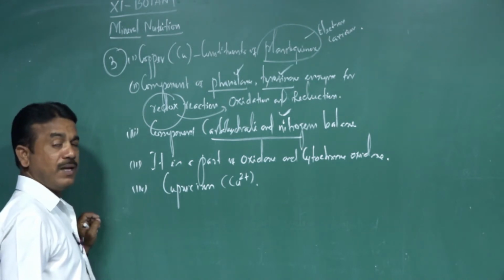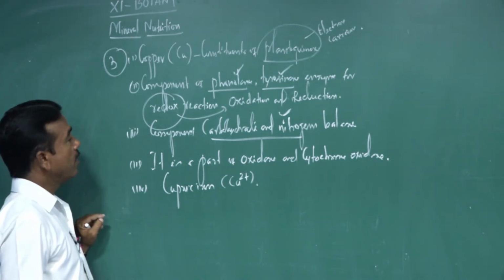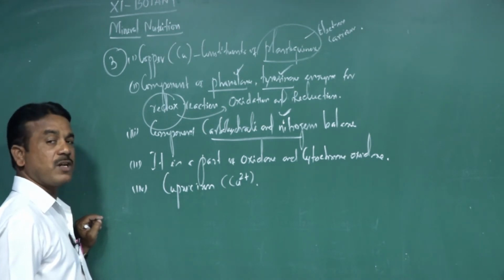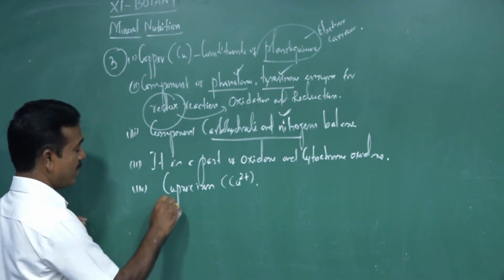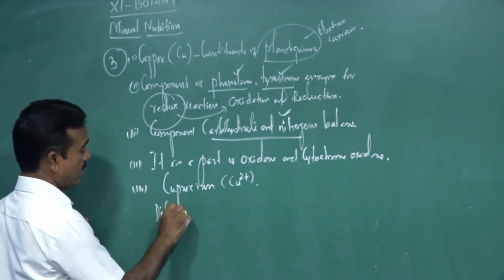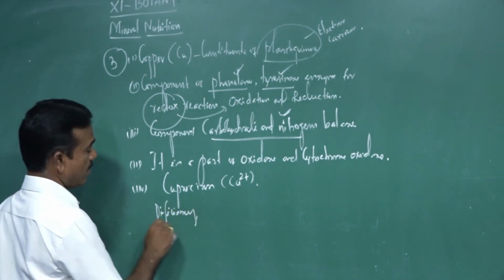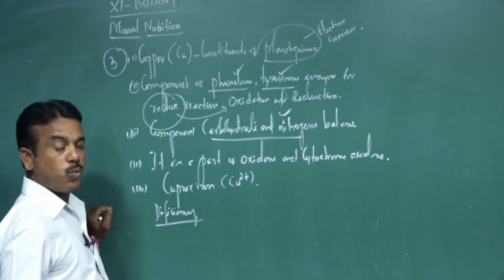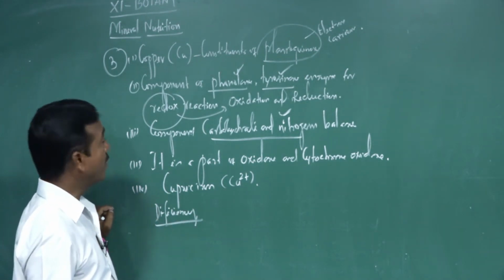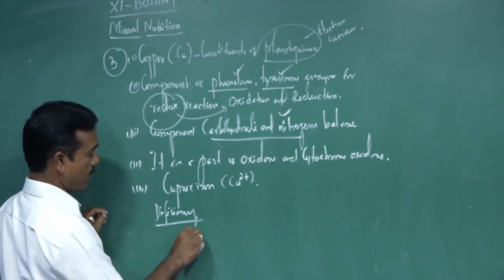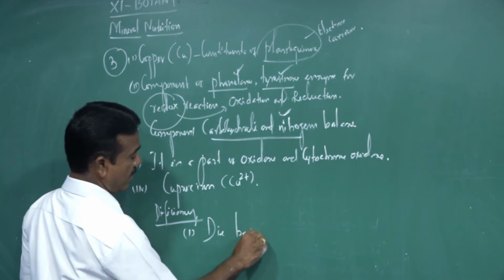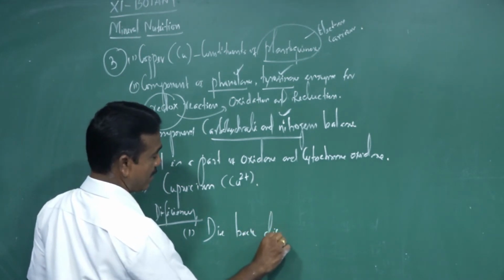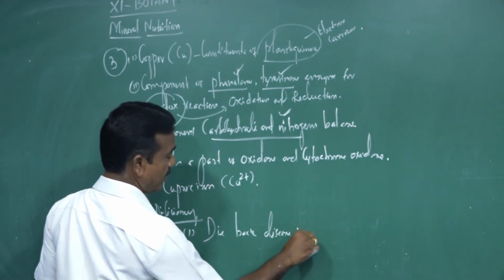If copper is not perfectly available in the plant soil, there must be a deficiency. What deficiencies occur with copper? The first one is dieback disease in citrus.